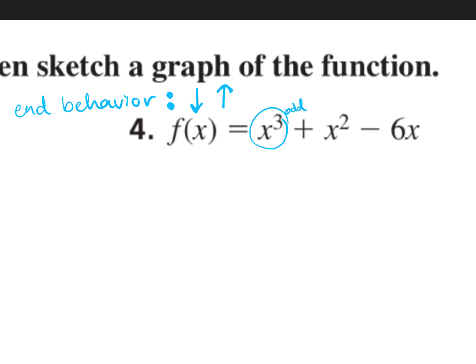But let's factor now. So I can take out my GCF, which is an x. Always start with the GCF if you have one. What am I left with when I take out an x? x squared plus x minus 6. This is still equal to 0.